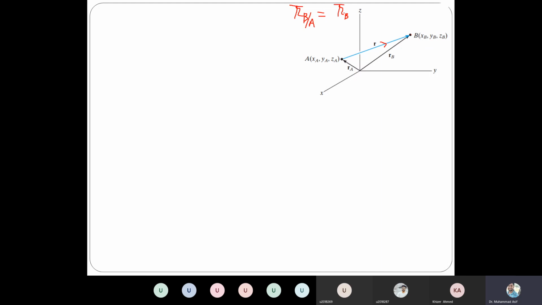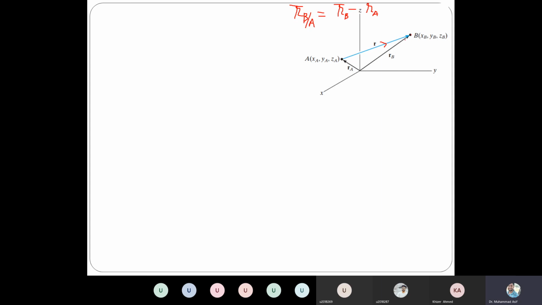So the position vector of B with reference to A is equal to RB minus RA. And how do we figure out RB? The position vector of B with reference to the origin. What is RB?